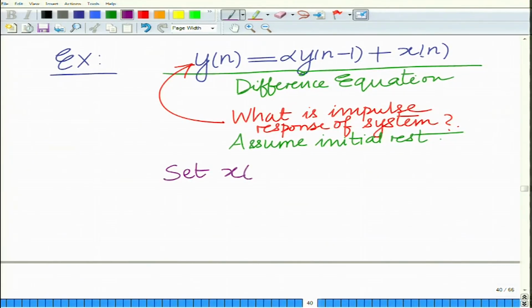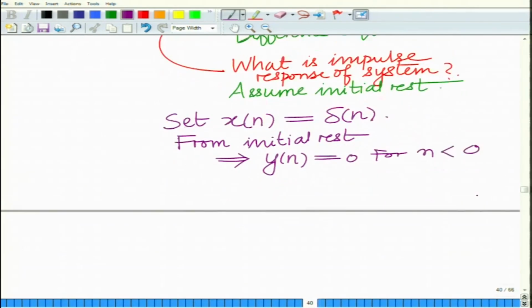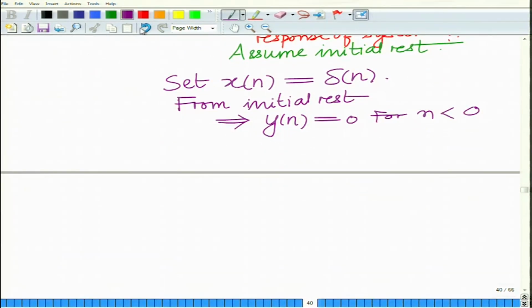Since we want to find the impulse response, set x of n equal to delta of n. From initial rest, this implies y of n equals 0 for n less than 0, since the input is 0 for n less than 0.